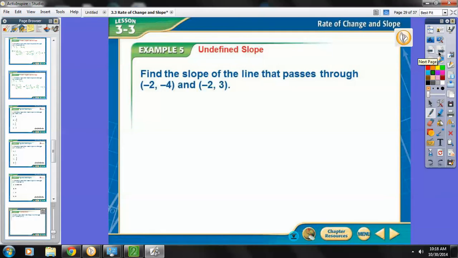Let's look at this one. I got a quick question. Yes. So if the denominator is 0, we just write undefined? Correct. Alright. We have (-2, -4) and (-2, 3). Let's substitute into our formula.